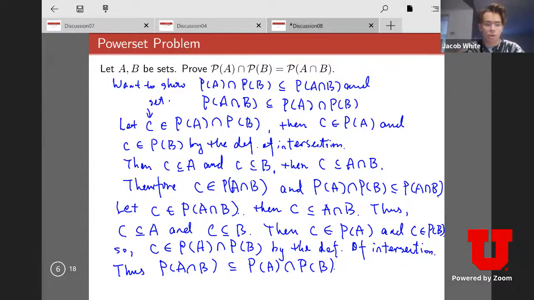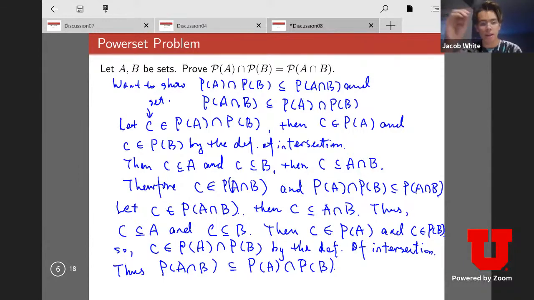I have a small question. Is it important to make a distinction between C being an element of the power set of A intersect B and C being a subset of A intersect B? To me, these are very similar. I don't really understand your question. I think the important distinction is that the power set is a set of sets.